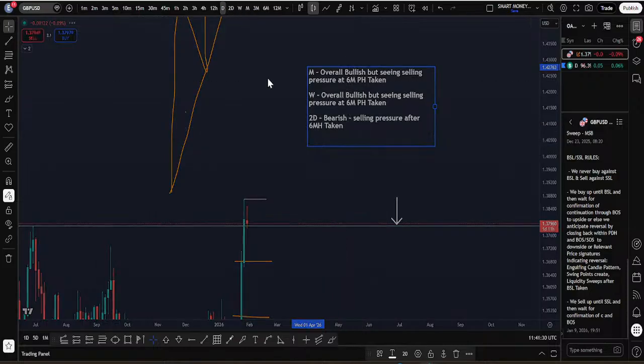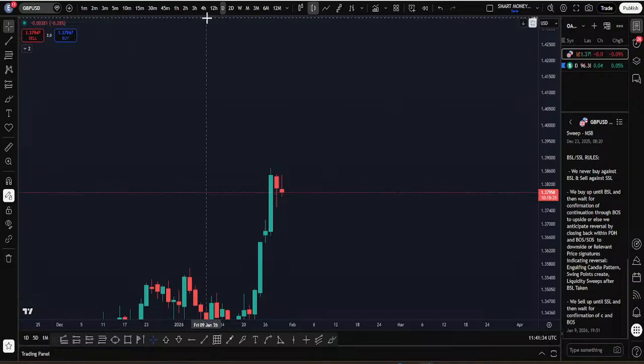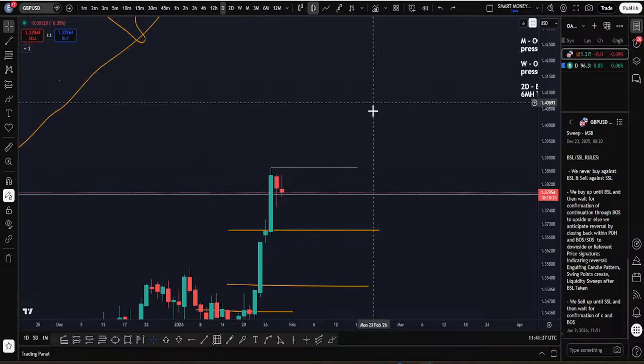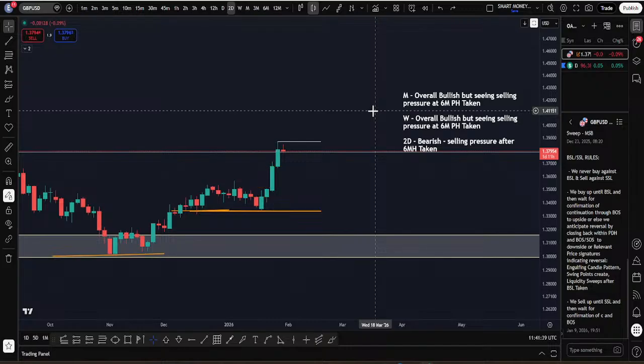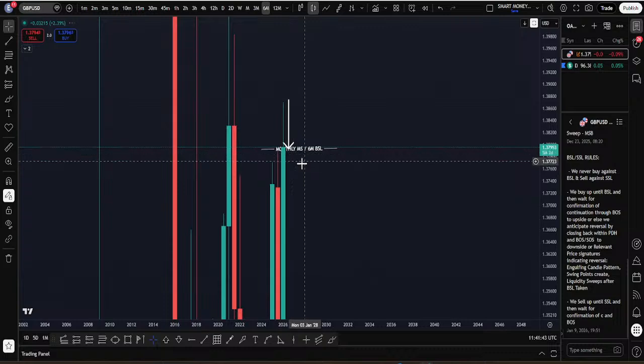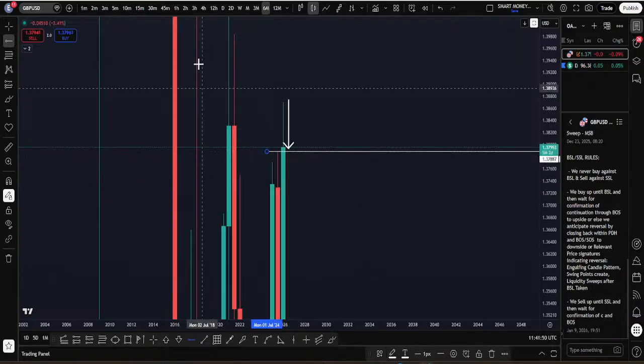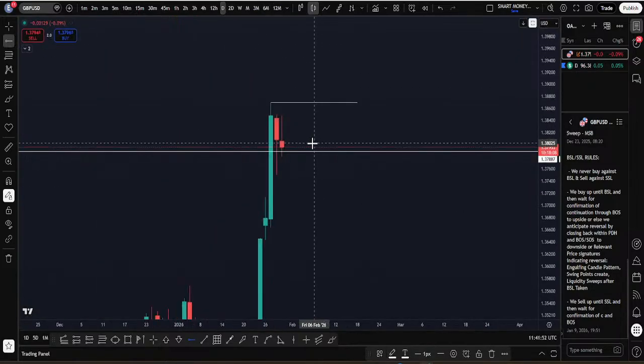So we'll go to the daily. Now, this is quite interesting, because if we go back to the 6 monthly, I don't want to do that. Let's just get rid of these lines. If we go back to the 6 monthly, I'm going to take that off and I'm going to use this horizontal ray. Right, boom. So that's the level. We go back to the daily now.